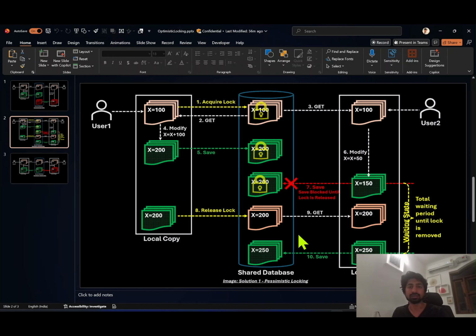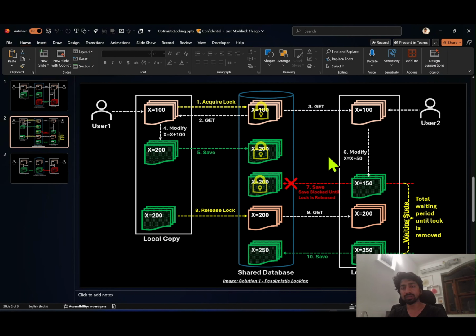So if we have 1,000 customers trying to access the same database, and every user is taking 1 minute to update the record, the last customer will take 1,000 minutes to get its turn, and will be able to update the record after 1,000 minutes.